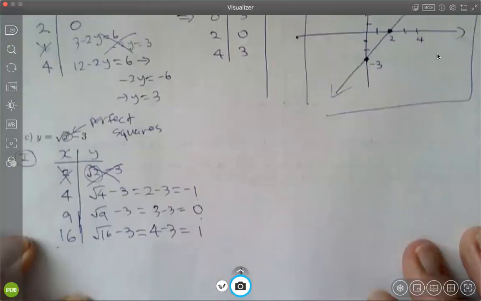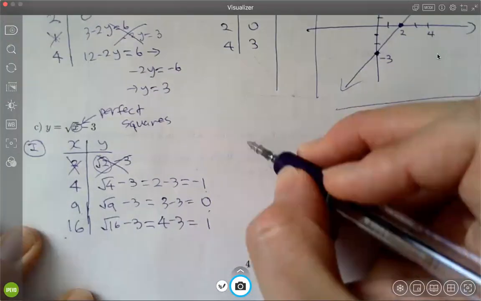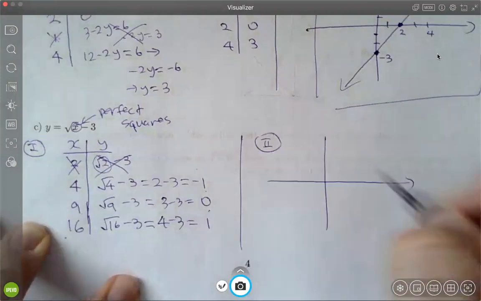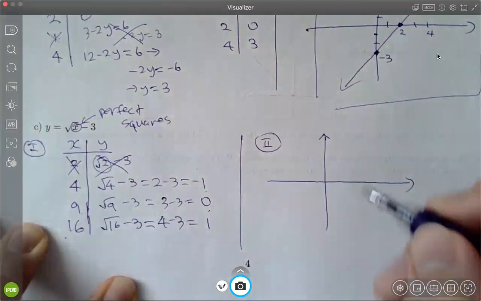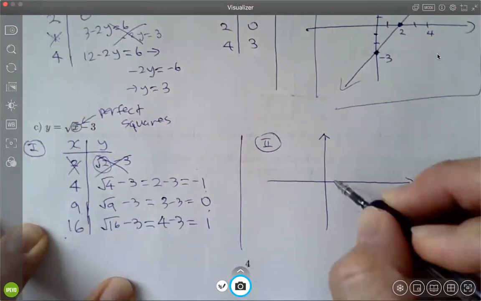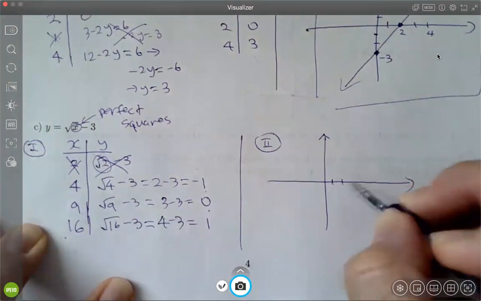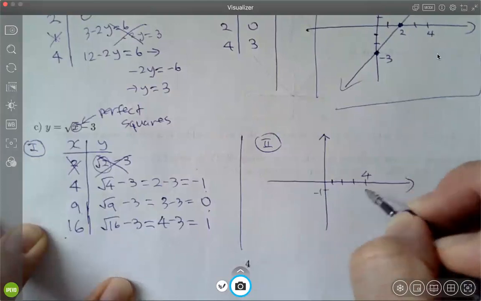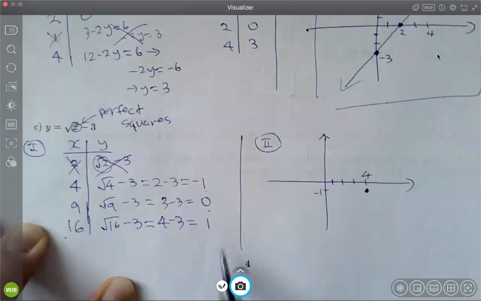Okay. So if we sketch the graph, how does it look like? So 4, -1. So maybe 1, 2, 3, 4, and then -1. So somewhere here. And then 9, 0.